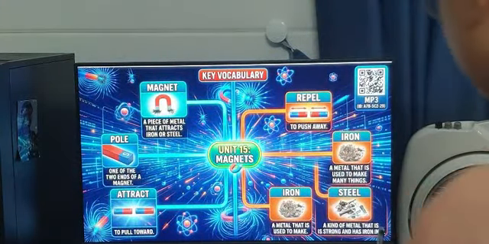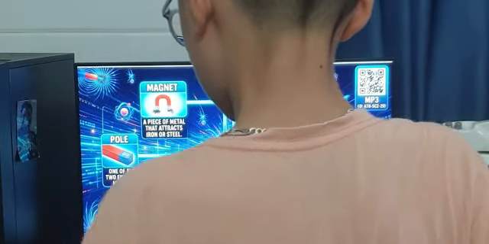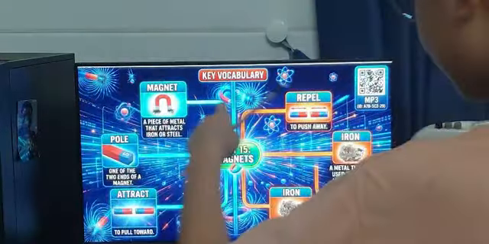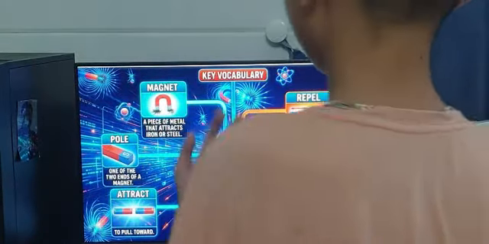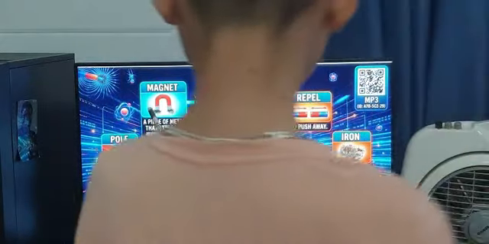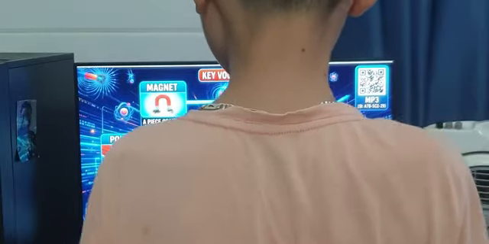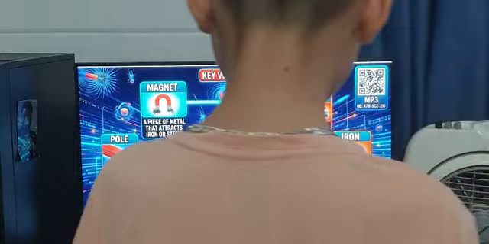So iron is about wanting to attract the magnet. So the iron is running, flying to the magnet. So this is why the magnet can attract these irons or steels.